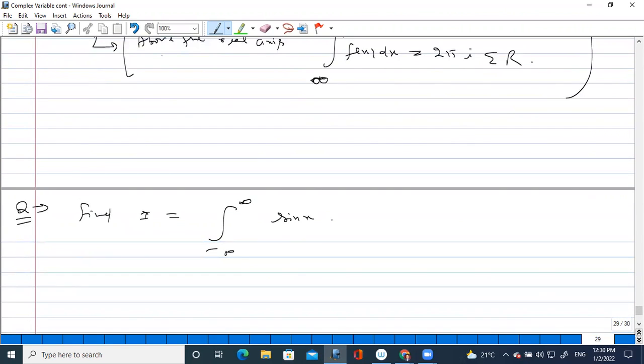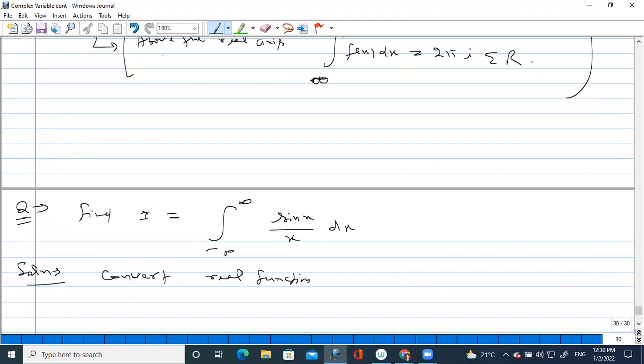So this is your question, the integral of sin x by x dx. For that you have to find the value. What I told you, you have to convert this real function into f(z), because see, why do I need f(z)? Just to find the residue.